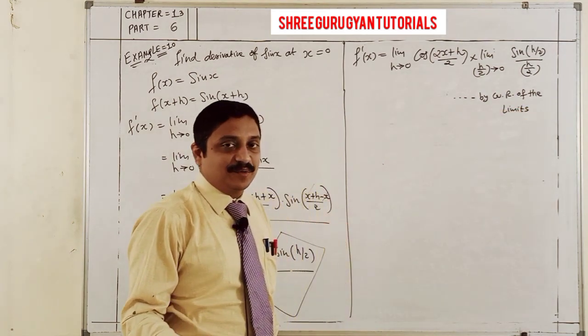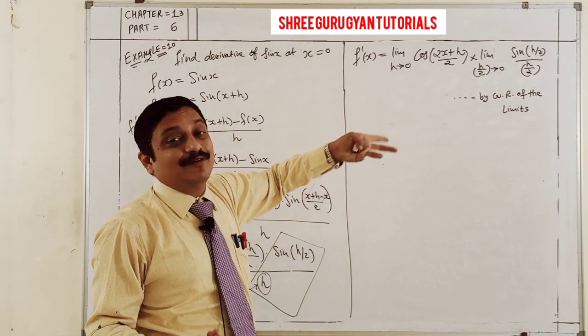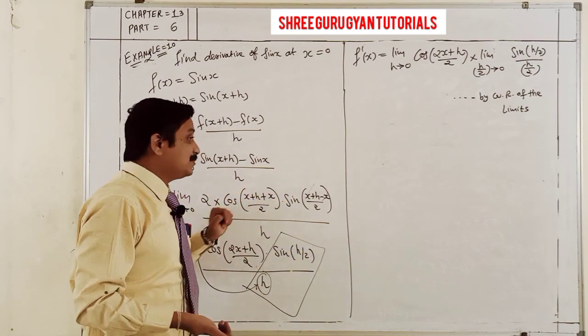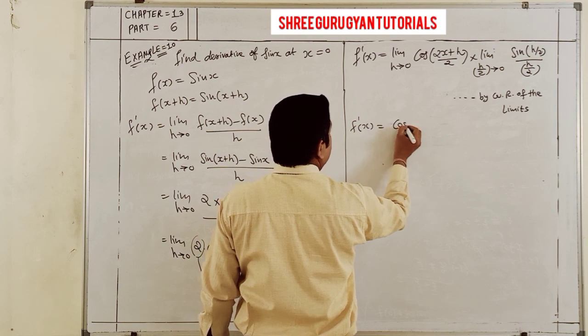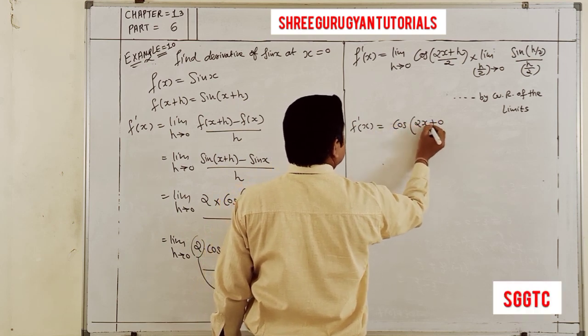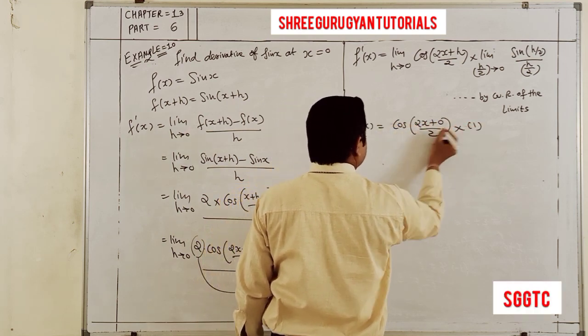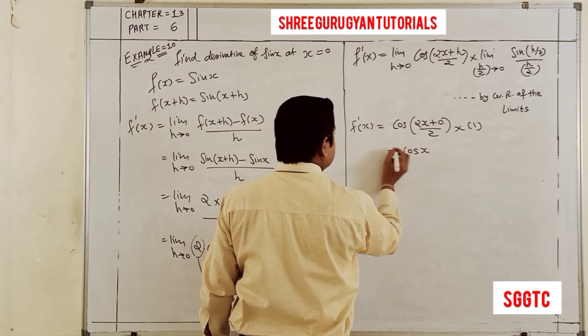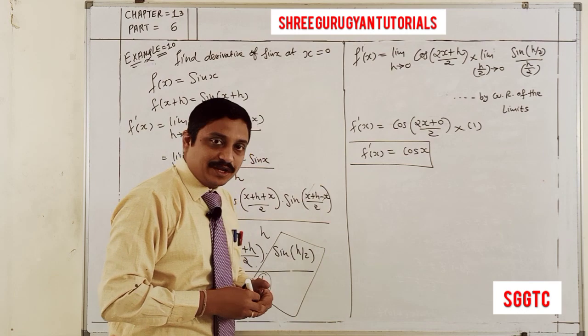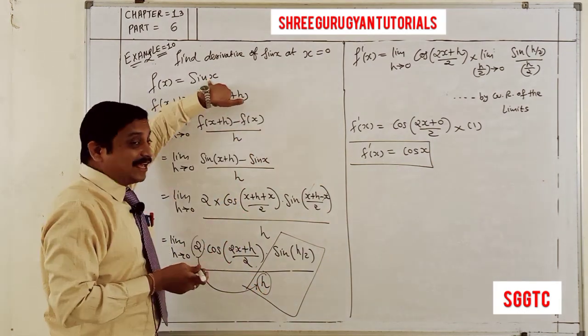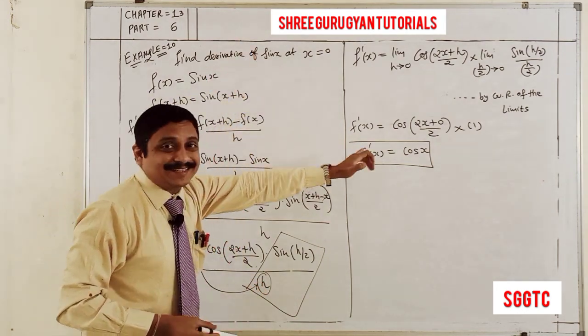Yes, the limits working rule. And here apply the limit in 2x + h. So f'(x), students, is cos((2x + 0)/2). So my answer is cos x. Yes, students, according to your formula list, the derivative of sin x is cos x. Here done.